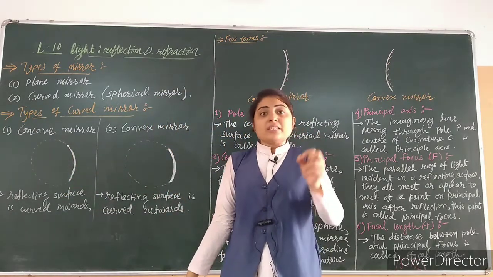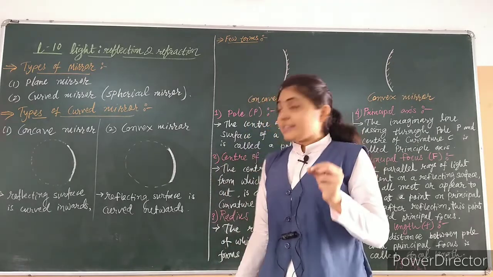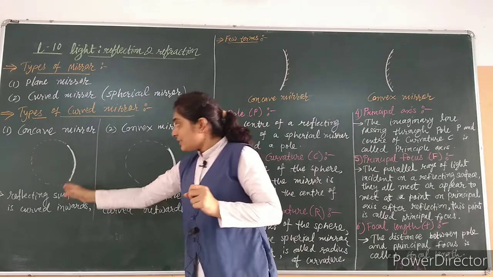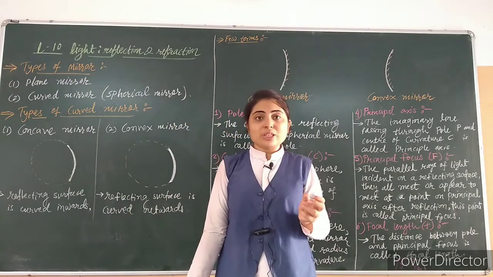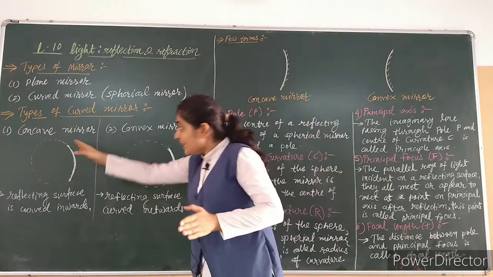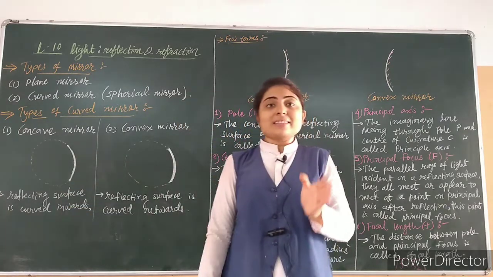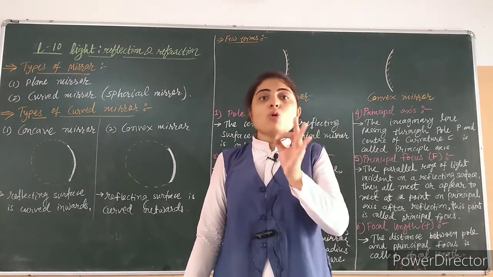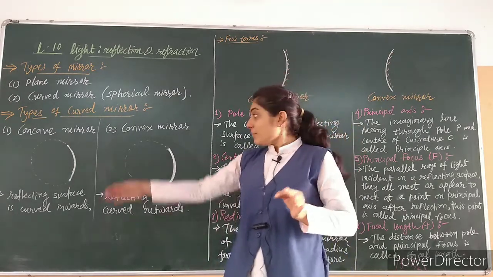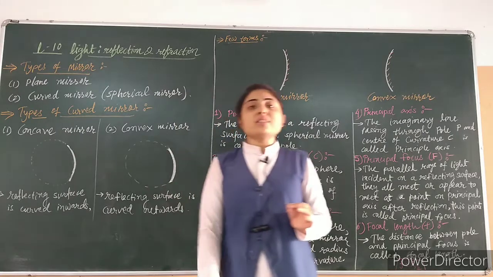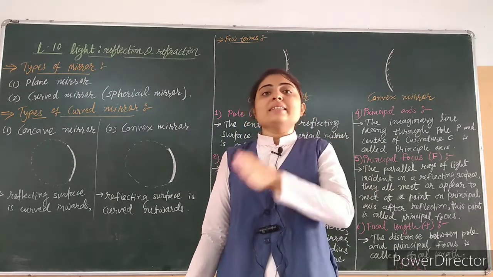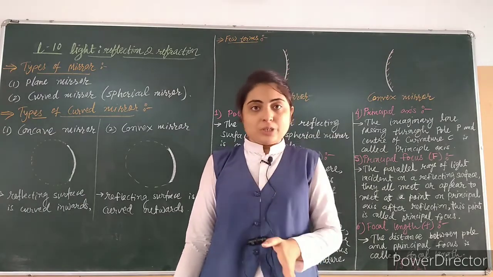Now, does this small part act as a mirror? No. This is the surface of glass, and light can pass through the glass. So only glass does not act as a mirror. We have to coat one side, the shaded part, coating on one side of the glass surface, then that surface will act as a mirror.